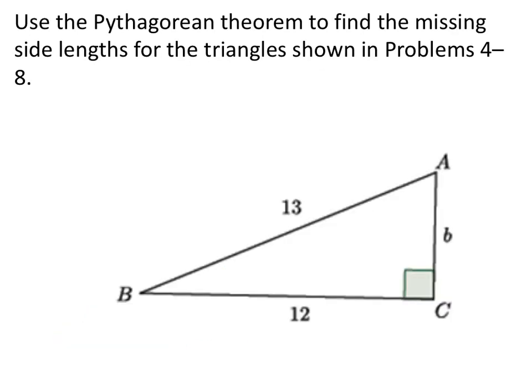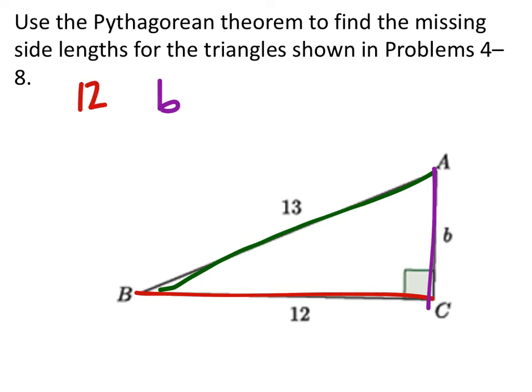Use the Pythagorean theorem to find the missing side lengths for the triangles shown in problems 4 through 8. Alright, well, let's use the Pythagorean theorem, so we won't be drawing any squares on this one. Here I've got a hypotenuse, a leg, and a leg. So the leg is 12, and the other leg is unknown. It's B, and the hypotenuse is 13.